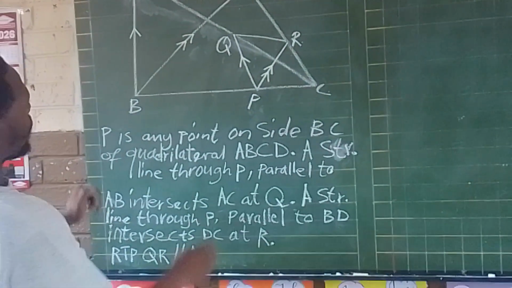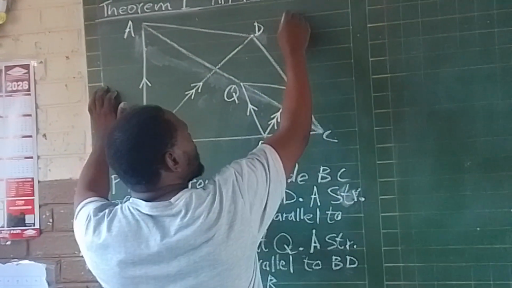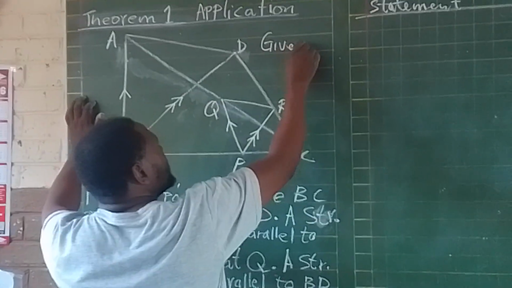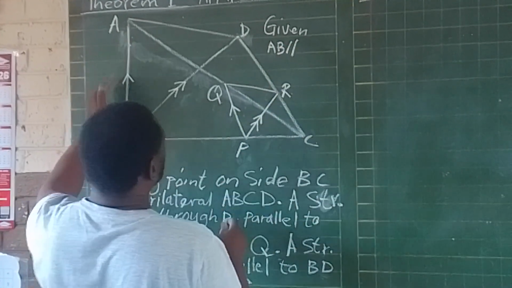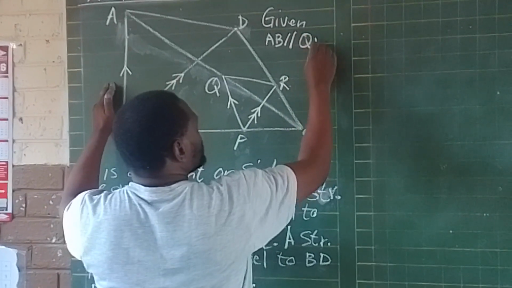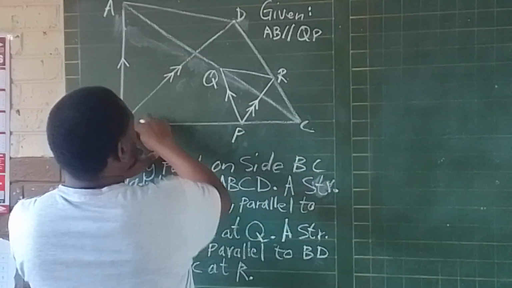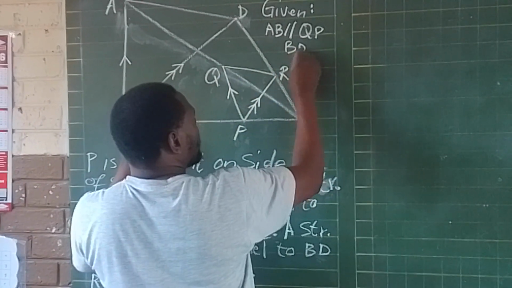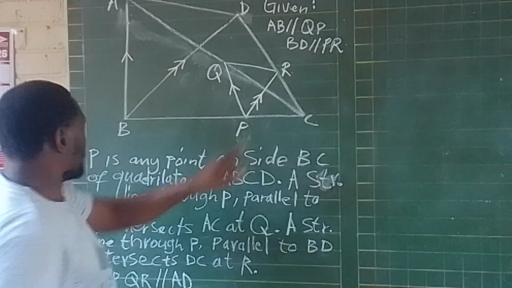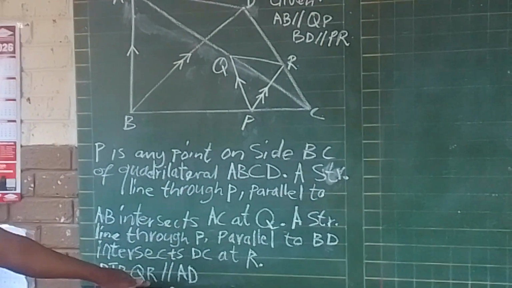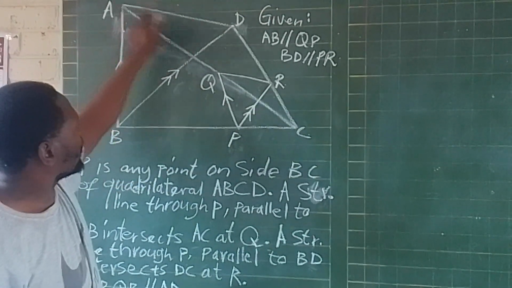In other words, what is given for us here, and I want to clarify something: we are given that AB is parallel to QP, as well as BD is parallel to PR. Then we are required to prove that QR is parallel to AD.